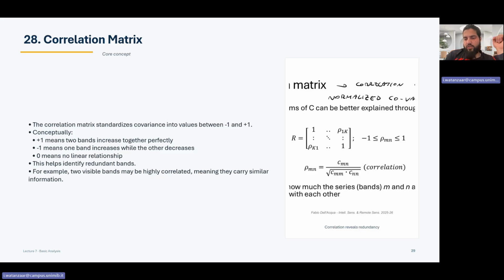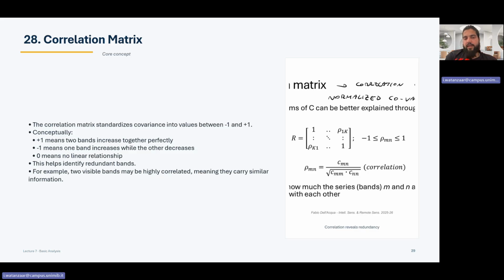There is no relationship, it is like two different things. In the negative one, one was increasing while the other decreases, so they have two different directions. The zero means in the correlation matrix there is no relationship between the two classes or two pixel values.